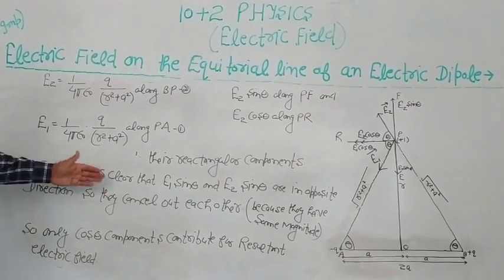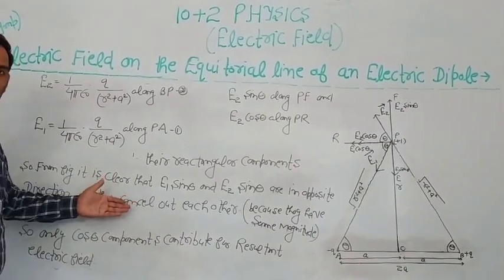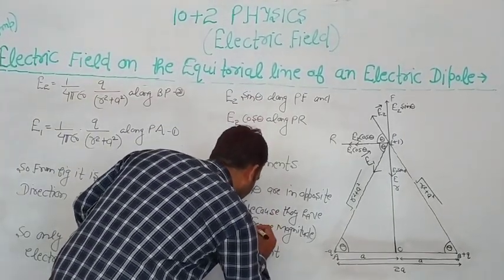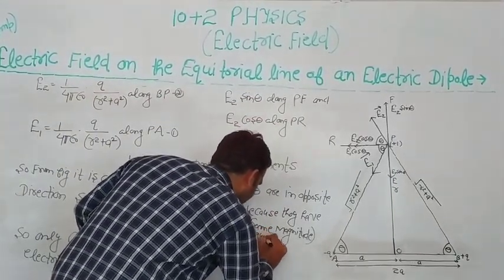E1 sin theta and E2 sin theta got cancelled because they have the same magnitude and opposite directions.